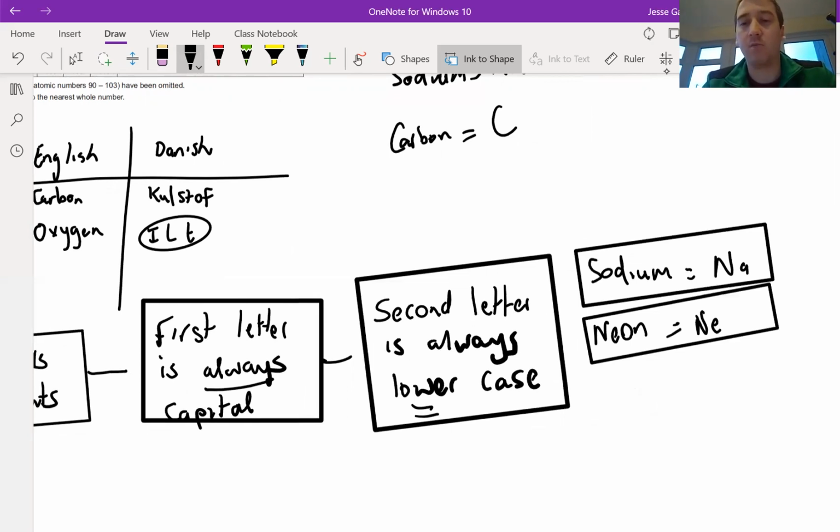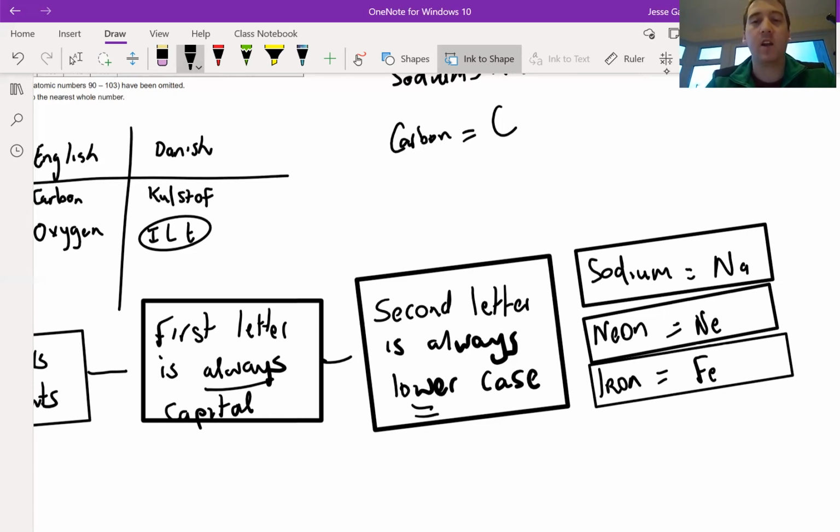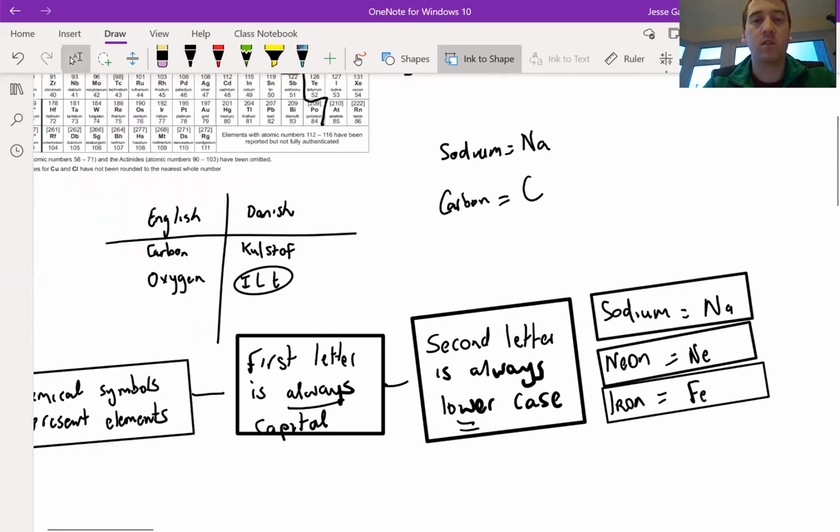Note that these two both begin with N, and this is why they have to have a second letter, because you can't just have two capital N's because people won't know the difference between them. Iron has the symbol capital F, small e, like this. So it's really, really important that you write the first letter as a capital and the second letter as a lowercase.